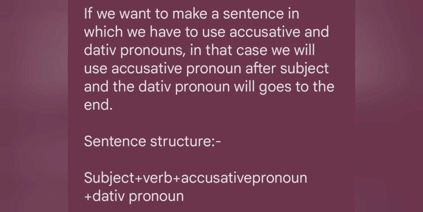In the pronoun case, the dative pronoun will come to the end, and if we have to use the noun, the dative noun will come after the verb. Okay, the sentence formation is like this: subject plus verb plus accusative pronoun, and after that the dative pronoun will come to the end.